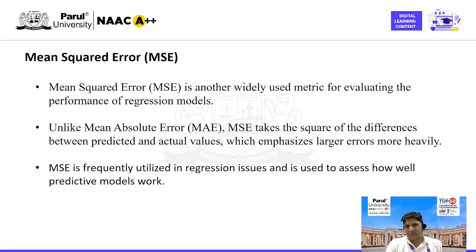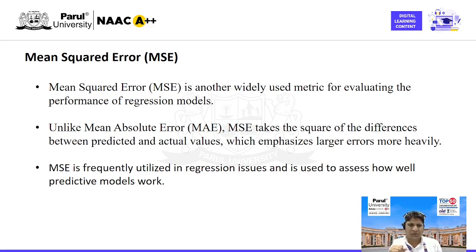The second one is mean squared error. Mean squared error is another widely used metric for evaluating the performance of regression models. The first is mean absolute error, the second is mean squared error. It is mainly used when the error size is very small.